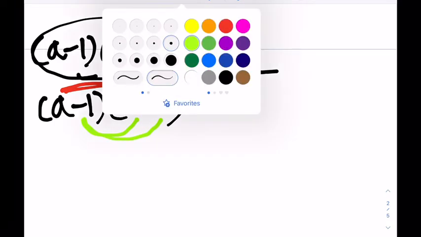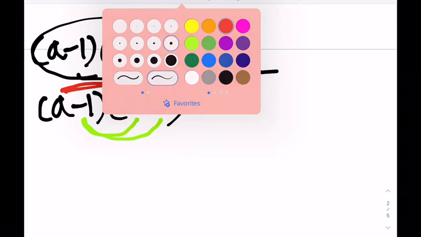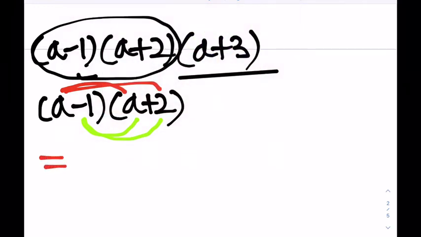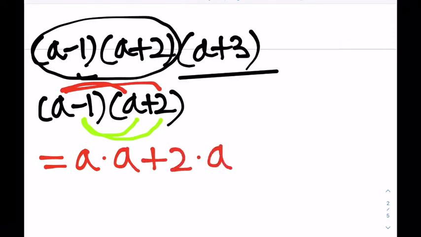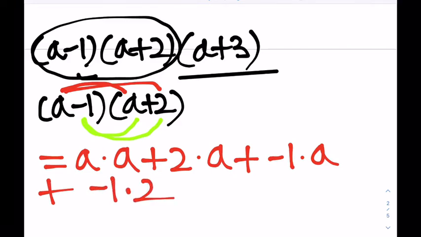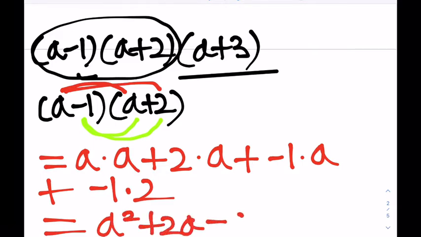Okay, let's do that. So first, it will be a times a and then plus 2 times a plus -1 times a and then plus -1 times 2, which will be a squared plus 2a minus a minus 2.